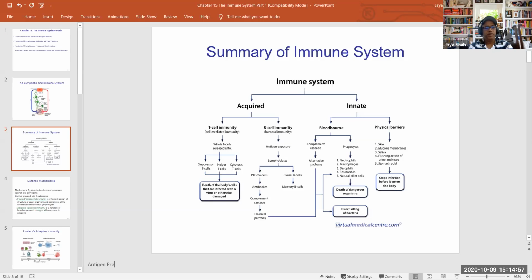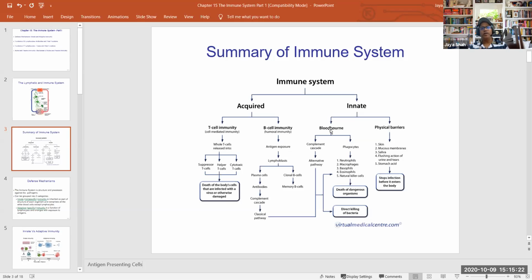are exposed to a microorganism, they take its protein molecules, which are called antigens, and then present them to the lymphocytes.